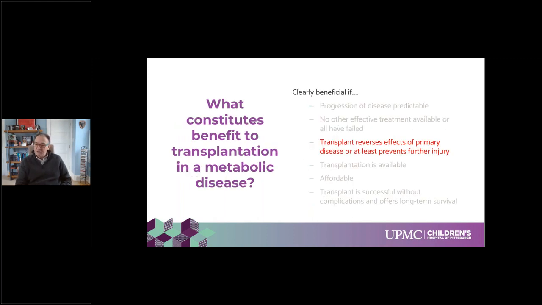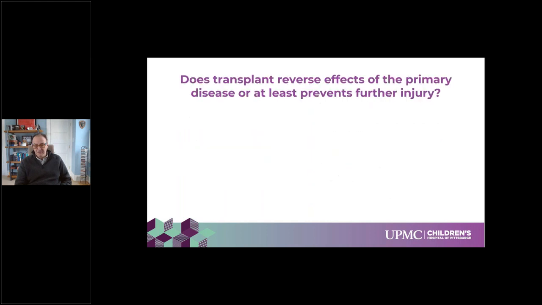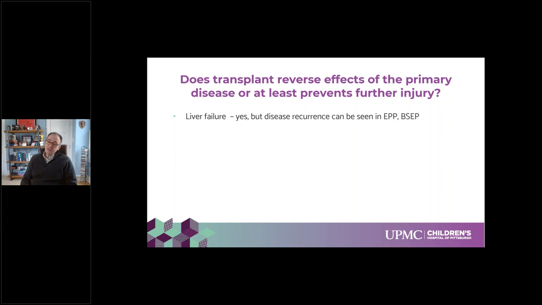Does transplant reverse the effects of the primary disease, or at least prevent further injury? That's certainly true in some conditions, but we do see disease recurrence after transplantation in erythropoietic protoporphyria, and in some cases of PFIC type 2, also known as bile salt export pump deficiency.